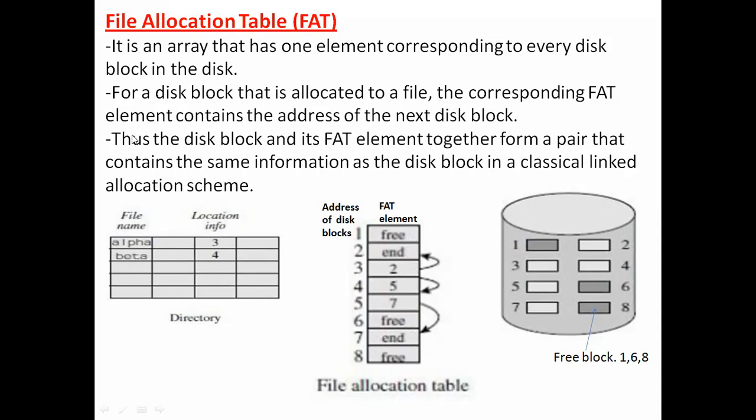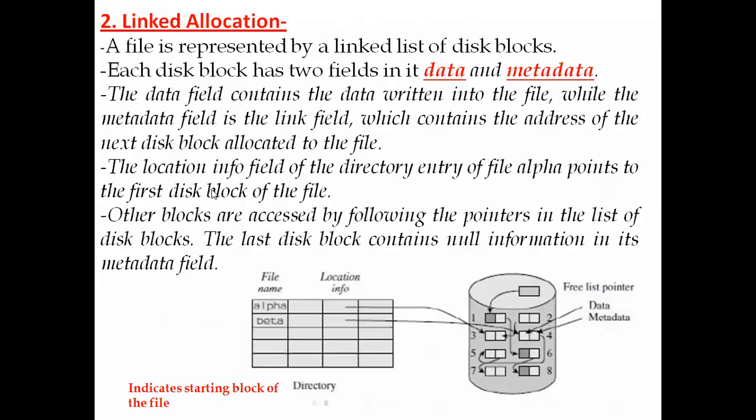Thus, the disk block and its FAT element together form a pair that contains the same information as the disk block in a classical linked allocation scheme, which we have already seen.